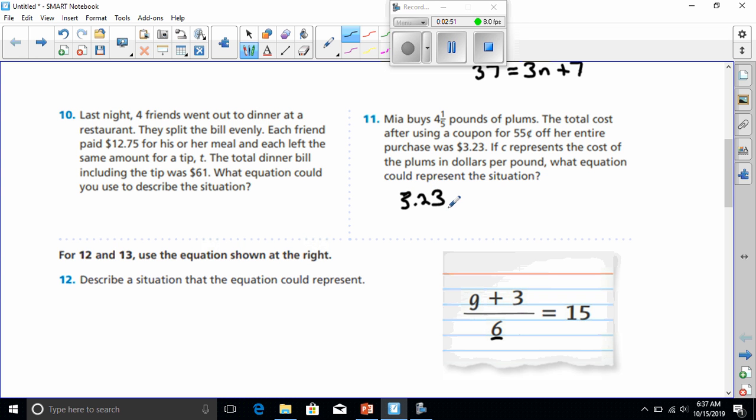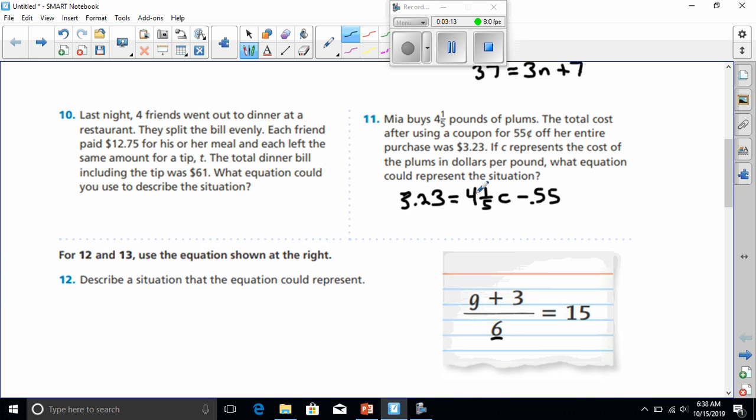So let's see, that's going to equal, well, there were 4 1/5 pounds. We're going to have to multiply that by what it costs for each pound, which they said is represented by C. And then, since it was a coupon for 55 cents, we're going to subtract 55 cents from our total.